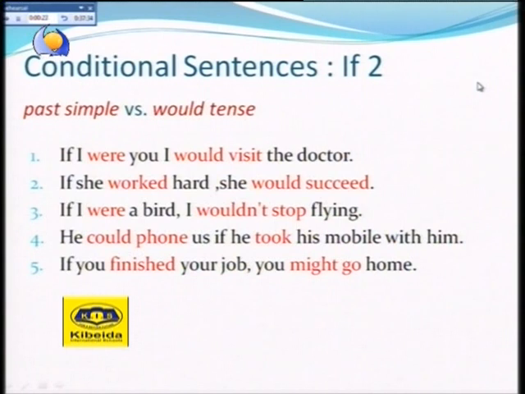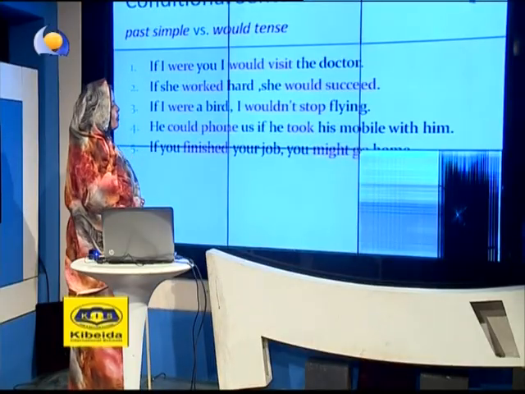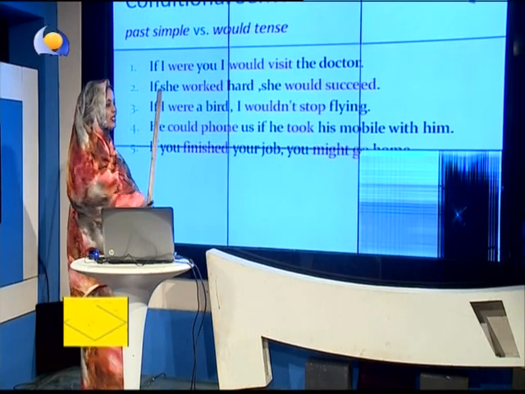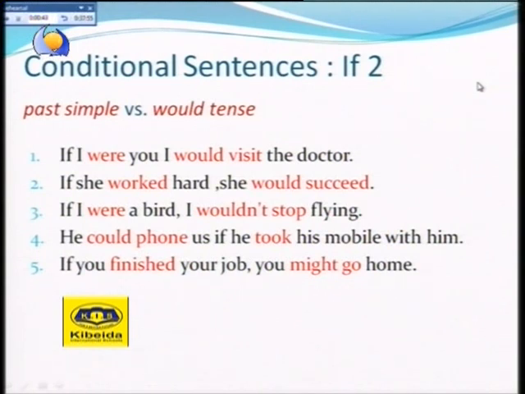Someone is sick and doesn't want to go to the doctor, and you advise him: if I were you, I would go to the doctor. I cannot be you, and you cannot be me, physically or in any terms. So, this is a situation that is kind of arbitrary. You are just giving it as an example. This is something that is impossible to happen, so I express it using if two.